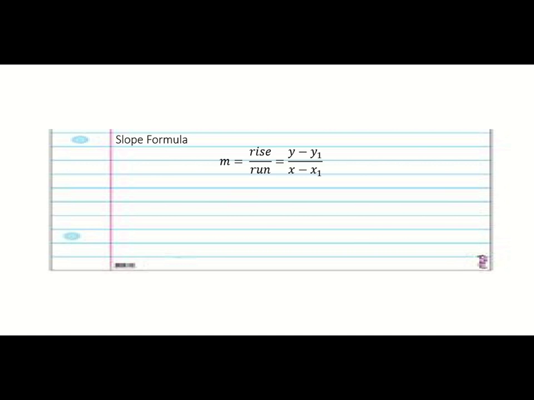So when we do slope, what we're going to have to do is figure out what's changing in our y values over what's changing in our x values. So we're going to use the slope formula. Slope is rise over run in order to find the slope between 2 points and then figure out the equation of the line without graphing.